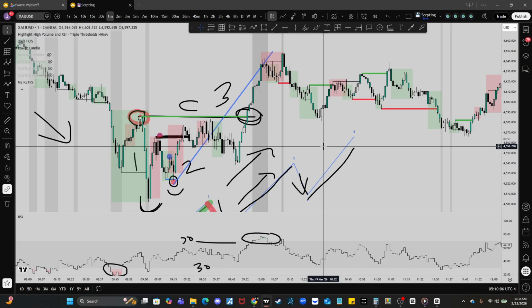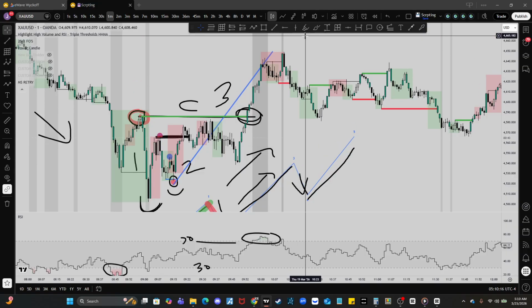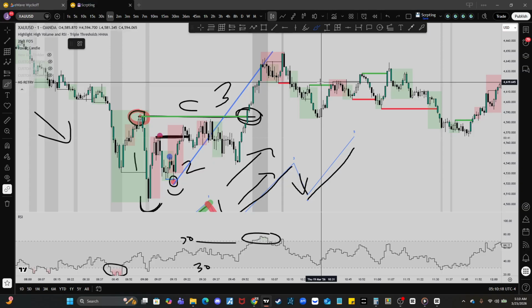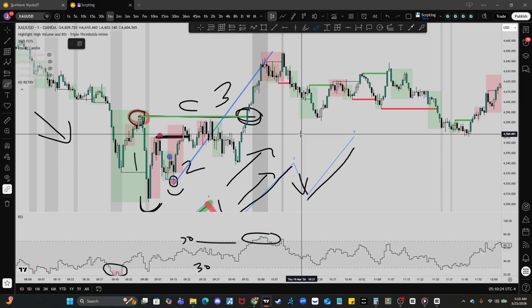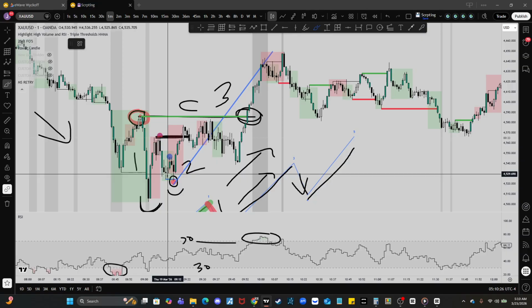And this is where things get kind of interesting and murky. Wave 4. The way I find wave 4 is just like wave 2. I need a two-step down, but this two-step has to be what ICT would call a market structure shift.